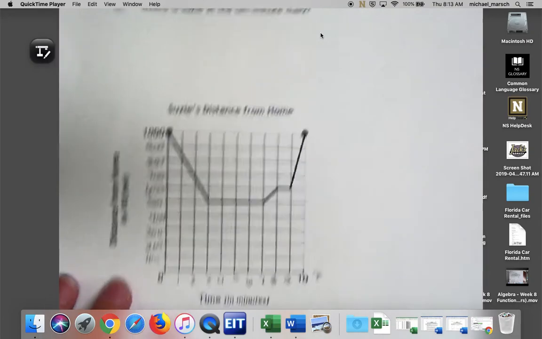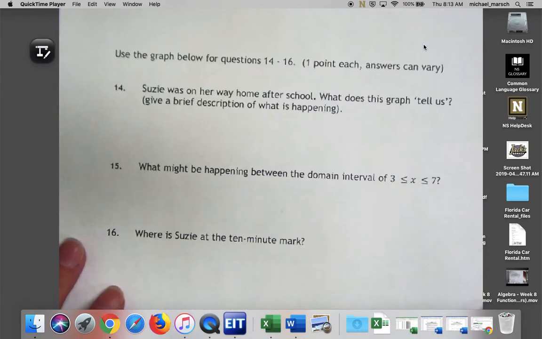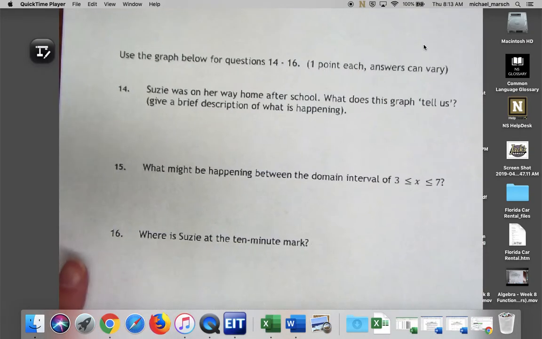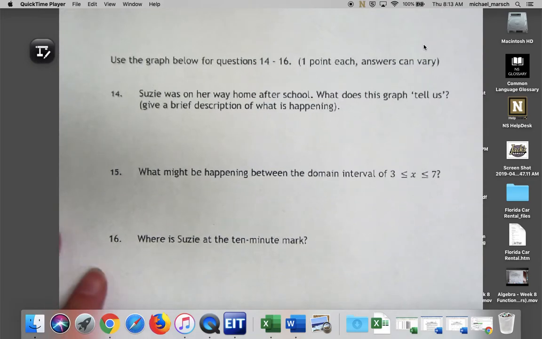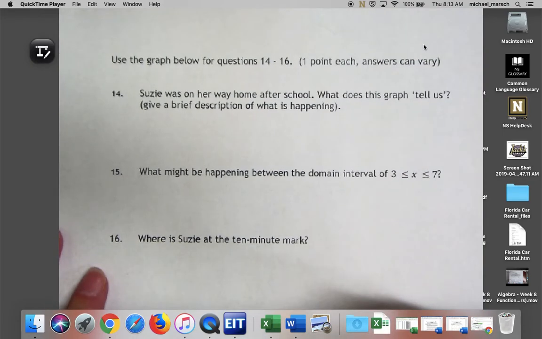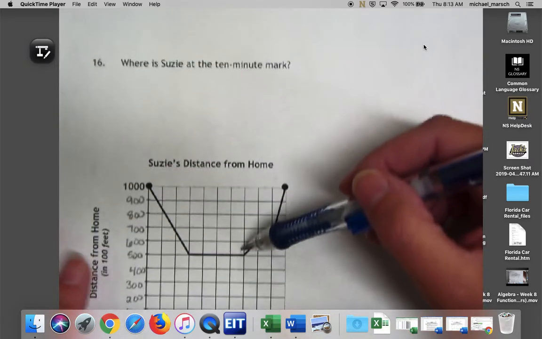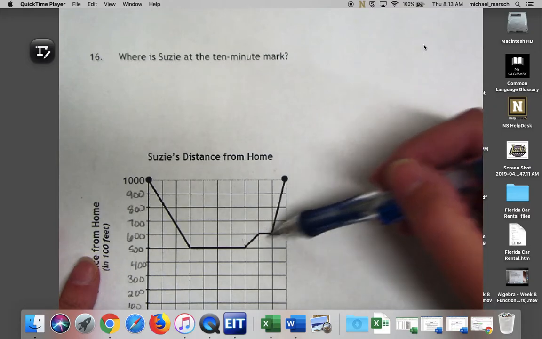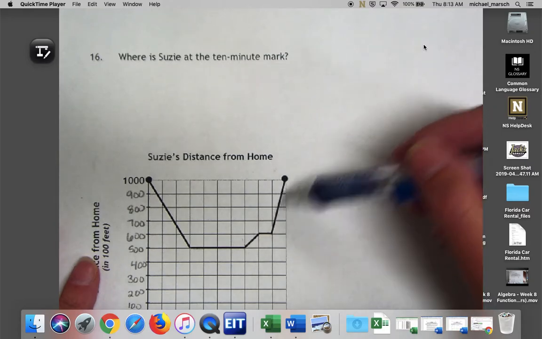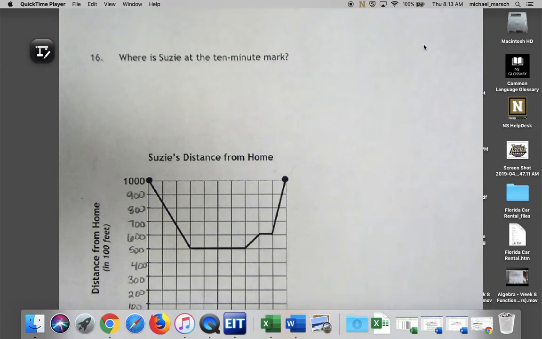All right, so let's go back here to what story we think we're going to tell. So the graph tells us that she was headed home, and then for a very long period of time she hung out from 3 to 7 minutes, right? And then she started back to school, and then she realized, oh my gosh, I have to go faster. So here's what I think is happening.